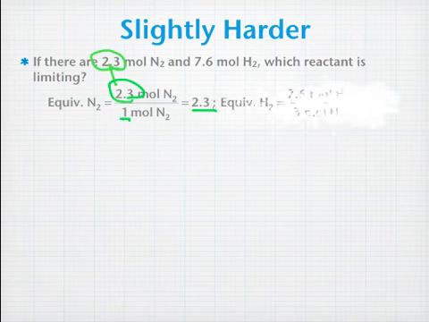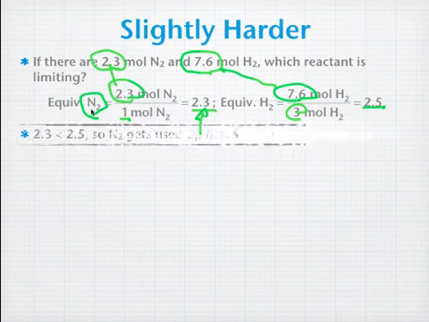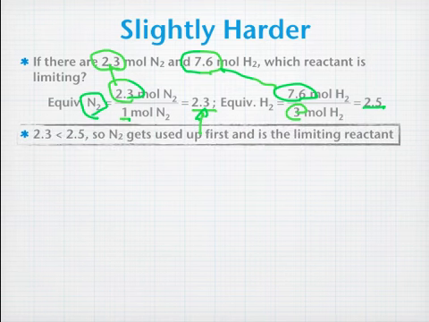For the hydrogen, we're going to do the same thing. Take our 7.6 moles and divide by 3, and we get 2.5 equivalents. Now in this case, because the 2.3 is lower, I'm going to identify nitrogen as the limiting reactant because it's going to get used up first during this reaction.